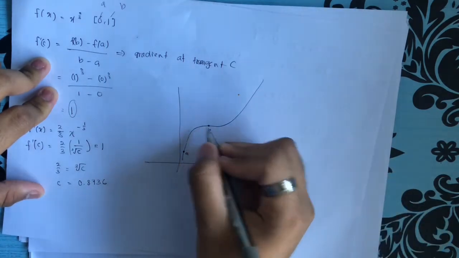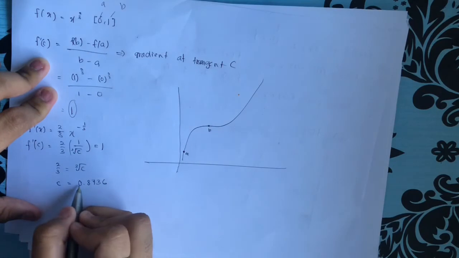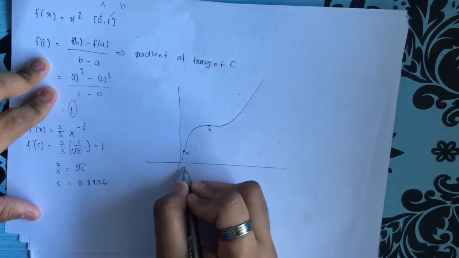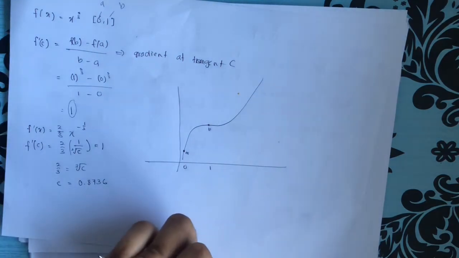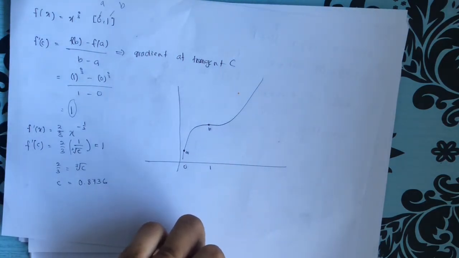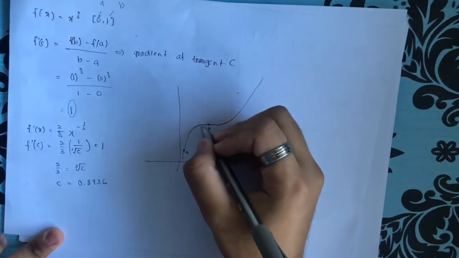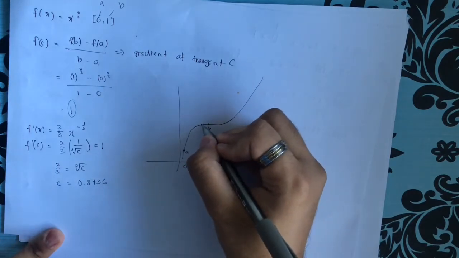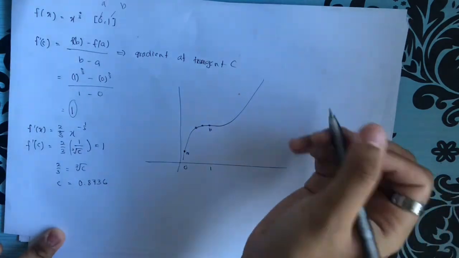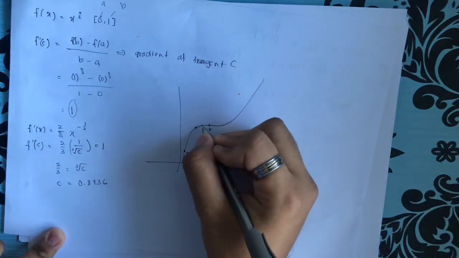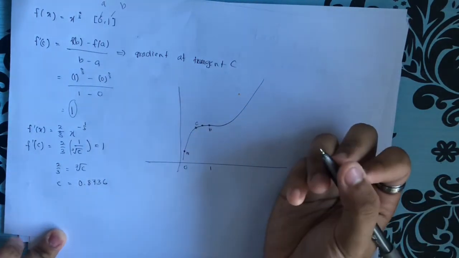Point a is actually 0 and point b is actually 1, right? And point c actually is 0.8736. So maybe around here, anywhere, something like that. So let's take maybe this is c.